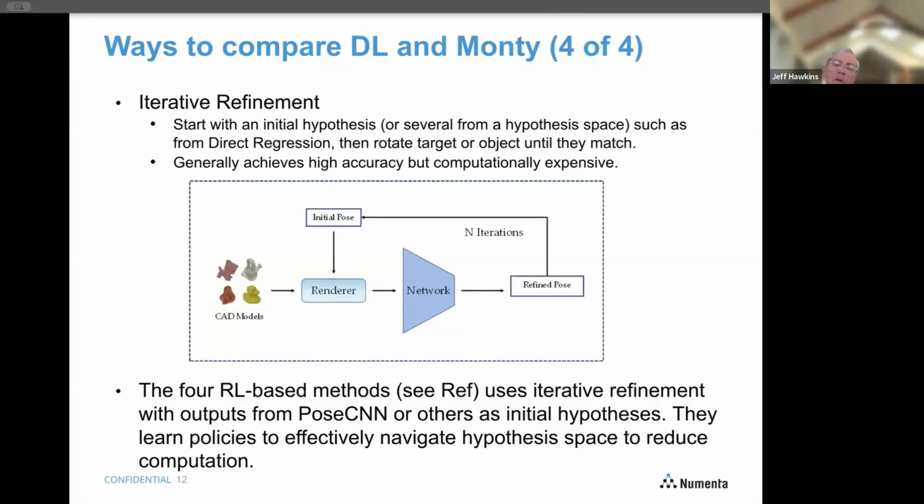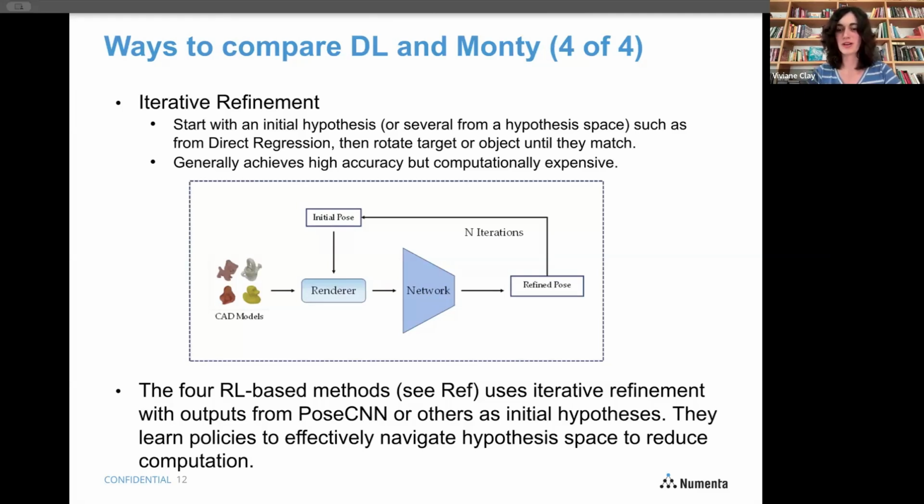I'm just trying to remember, are we looking at these different methods for pose estimation as ways we might implement it in Monty, or ways of testing Monty, or ways of comparing Monty to other systems? It's just for the last one. We're not thinking of using any of these methods to implement in Monty.